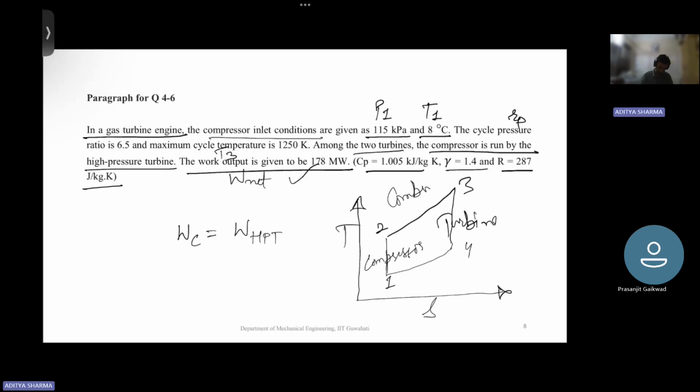This is combustion chamber, right? So P1 is given for this. Temperature is given at inlet of compressor. Then pressure ratio for the whole cycle is given, right?